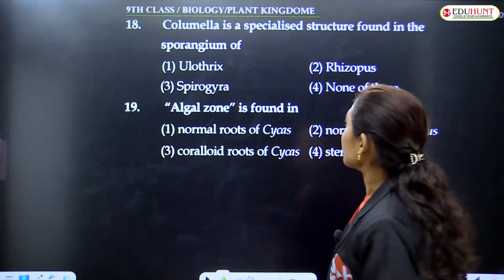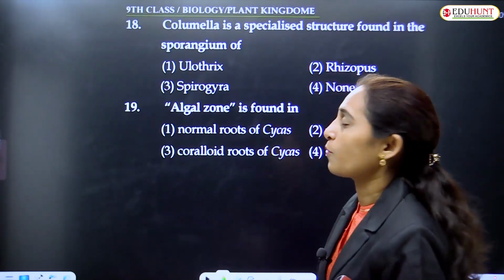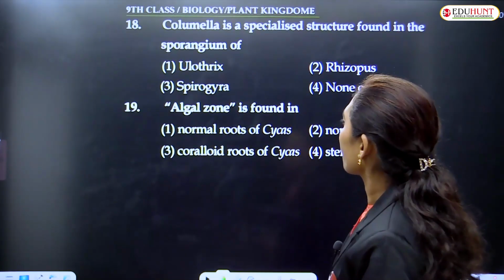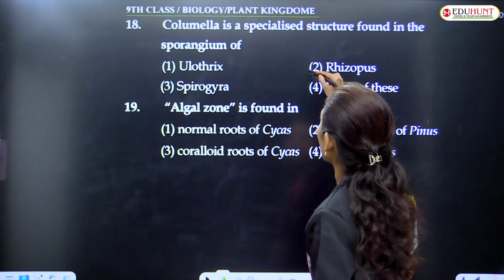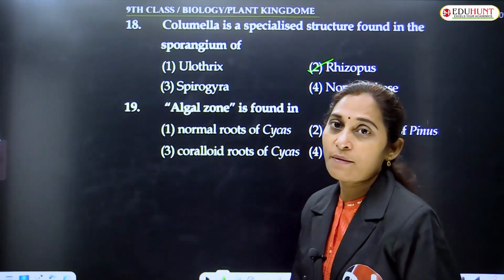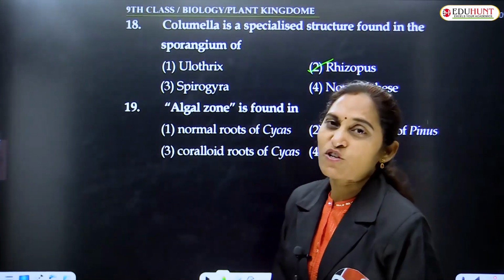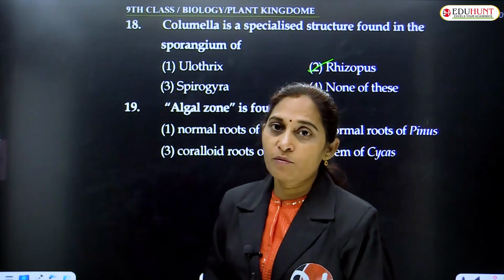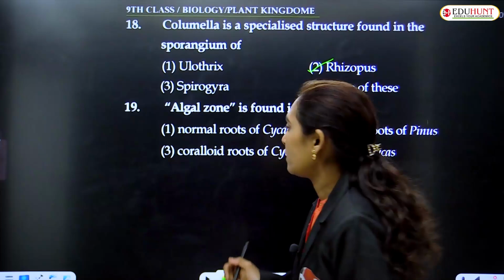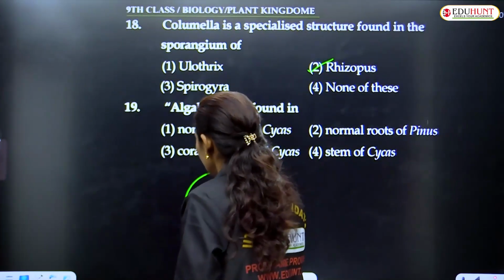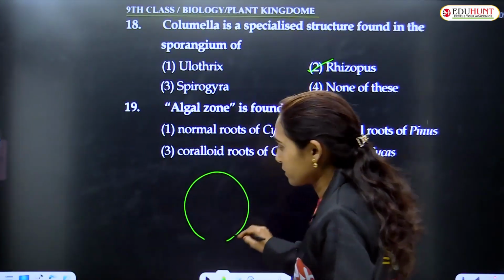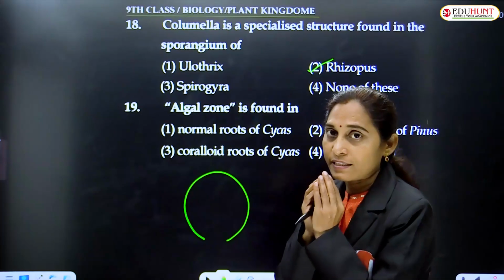Columella is a specialized structure found in the sporangium of Rhizopus. In the Rhizopus sporangium, there is a sterile structure called the columella. If you see the sporangium of Rhizopus, it looks like a globe.